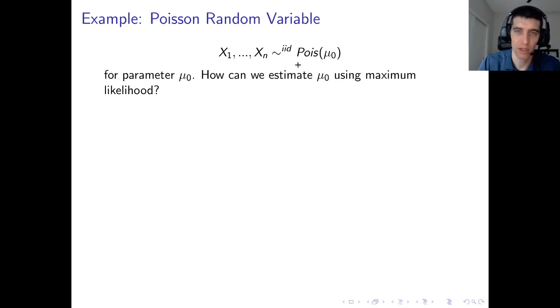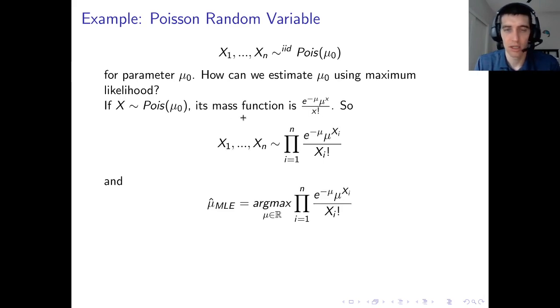Okay, and again, a Poisson family is a parametric family because you give me a parameter, this mean value, and I can give you a Poisson mass function. Okay, here this one is discrete, of course. Okay, so it's the mass function of a Poisson random variable.